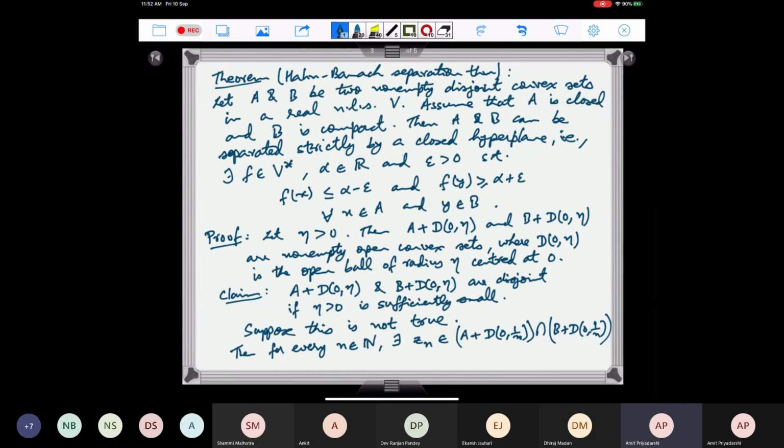That I am not sure can be done in a general metric space, because here we are making use of this normed linear space. If you don't have something like this addition, then we won't be able to say this, right? It may work in more general settings also.